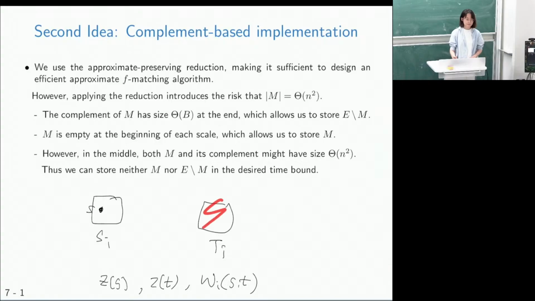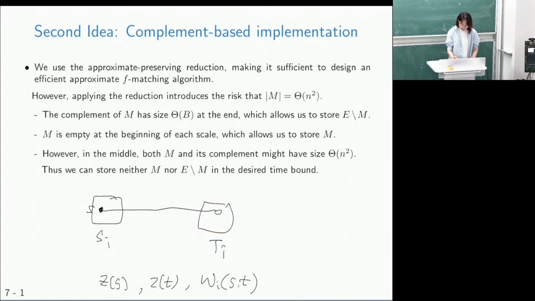So we use a binary search tree on the dual values of the points in T_i. And using this, we can efficiently find an eligible edge connecting S and some point in T_i.